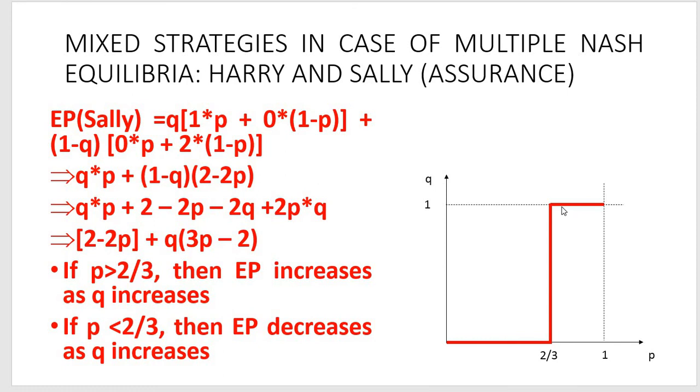So it makes sense to keep it as high as possible, and vice versa. If p is below 2 over 3, then increase in q is associated with decrease in expected payoff for Sally. So it makes sense to keep it as low as possible, and if p is equal to 2 over 3, then she is indifferent. Once again, you combine those two graphs.